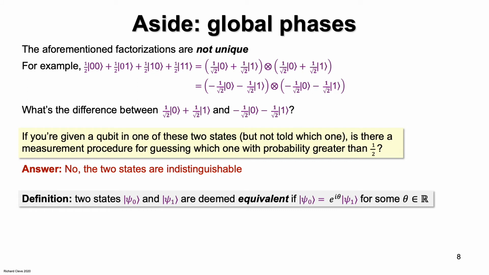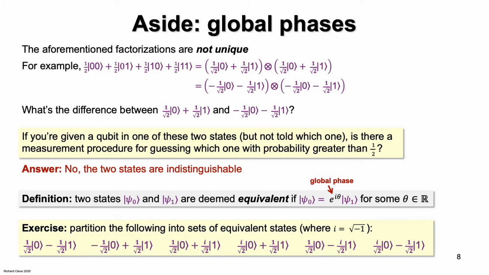This number can be -1 or any complex number of the form e to the i theta for any real number theta. The factor e to the i theta is called a global phase. Global because it's applied to all the terms in the superposition. Here's an exercise if you'd like to get used to this concept.